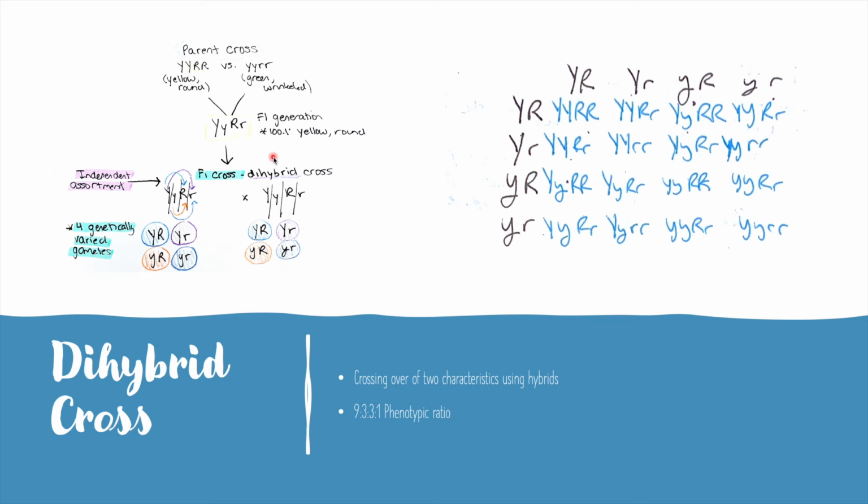Next, he conducted an F1 dihybrid cross. The alleles separate, and if genes are unlinked, meaning that the genes are on different chromosomes, independent assortment takes place because the alleles move independently of each other. For instance, capital Y can go with capital R or lowercase r.